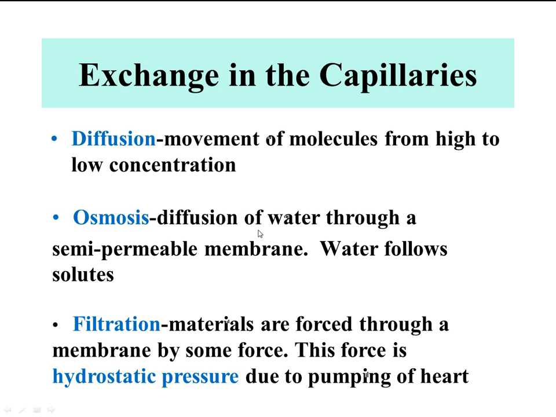Osmosis, the water, the fluid part of the blood moving through that membrane, that one single layer of cells, because it is moving from an area of higher concentration to an area of lower concentration on the other side of the membrane. Anytime you have solutes, if it's higher on one side than it is on the other, it's going to allow for osmosis to occur to the area where the solutes are greatest.